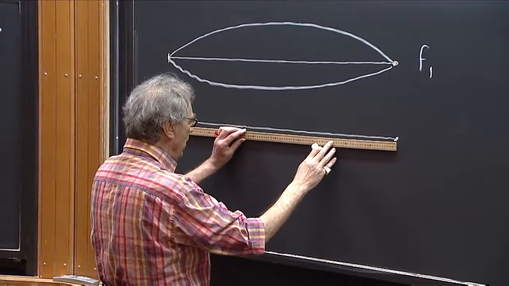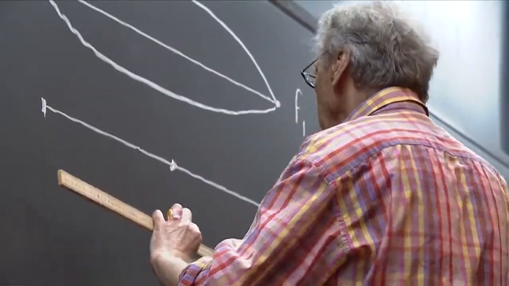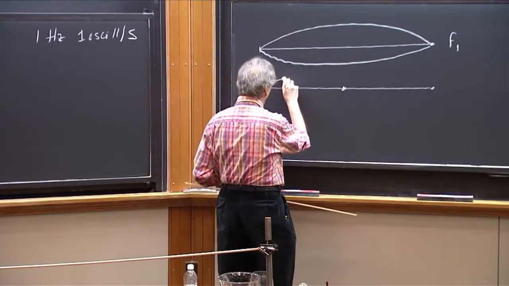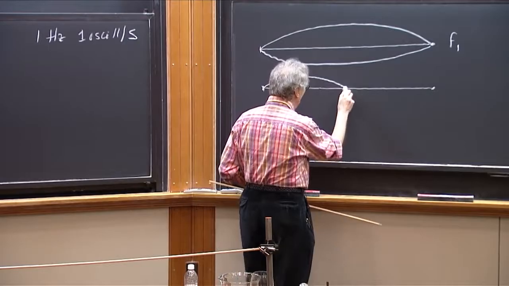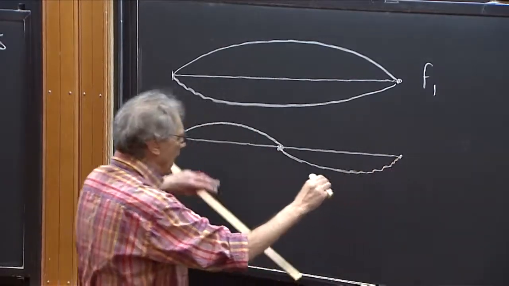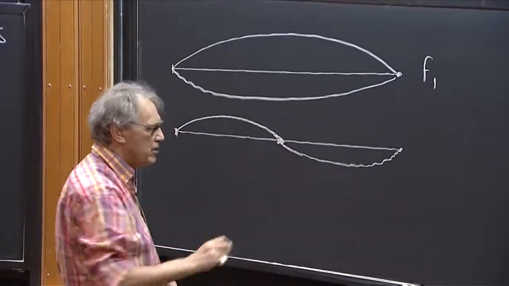It's fixed here. I oscillate it here a little bit. And then all of a sudden, the string will again be extremely happy, and something very strange happens. This part of the string will go up. This part never moves, and this will go down. And it goes up and down like this. And this point that doesn't move is called a node.